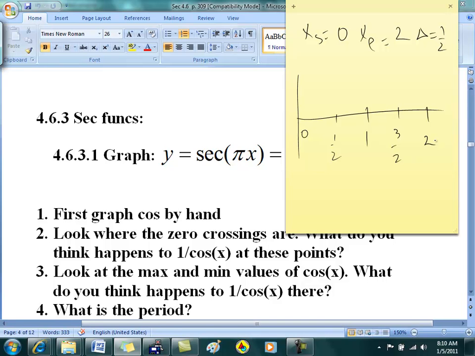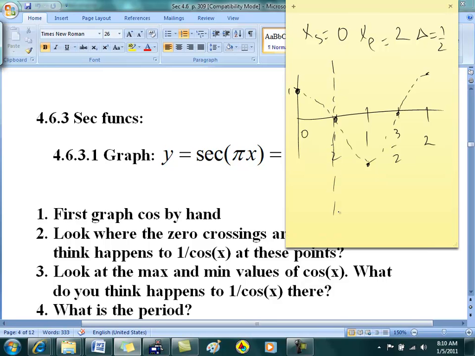So cosine starts out at 1, goes to there, there, there, and there. So here's my cosine function, right? Okay, and my asymptotes are going to be here and here.